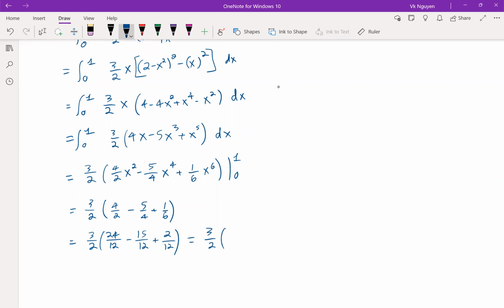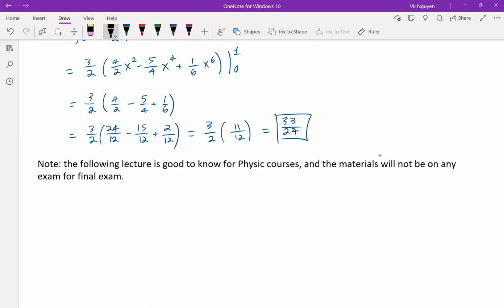We have 24 minus 15, that's 9. 9 plus 2 is 11 over 12. So 33 over 24. That is the mass of a thin plate.